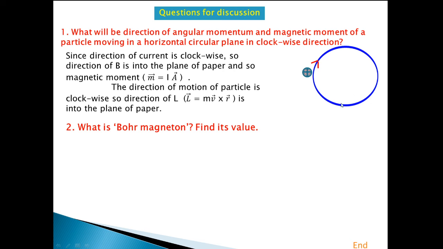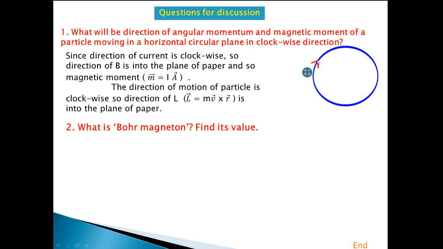Remember, the direction of magnetic moment due to a circular loop is along the direction of the magnetic field. Now the direction of motion of this particle is also clockwise, so the direction of angular momentum, that is L equal to m v cross r, is also into the plane of the paper.